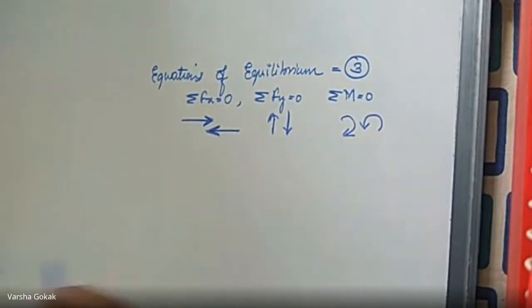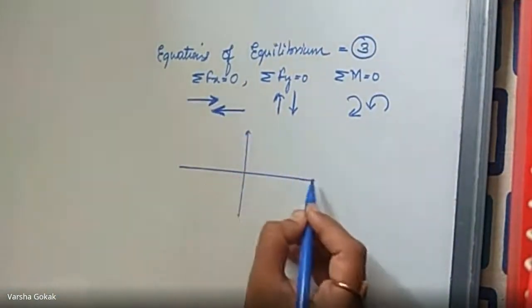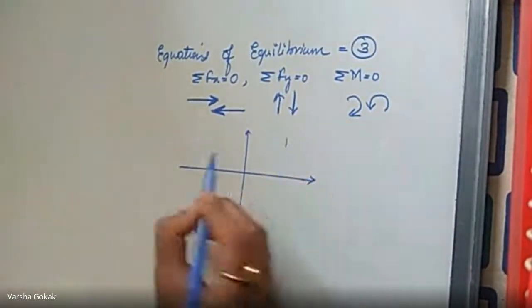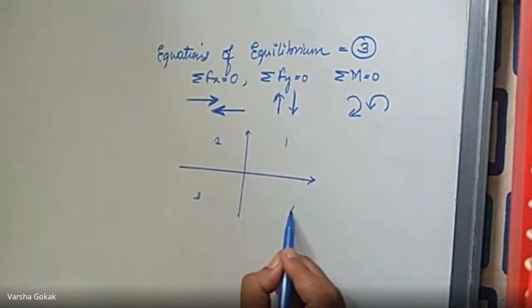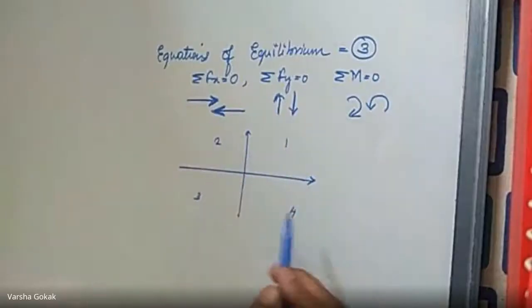Now, what is the sign convention? To always remember the sign convention properly, simply remember how you plotted the graph in high school. This is your first quadrant, second quadrant, third quadrant, and fourth quadrant. So this is your quadrant system.